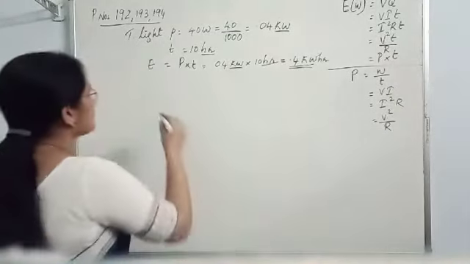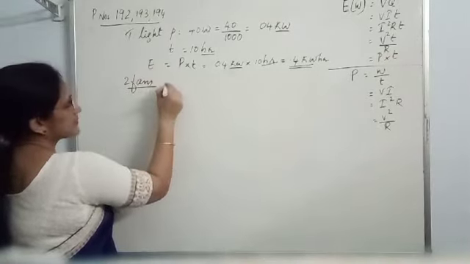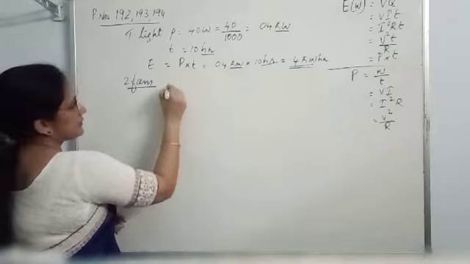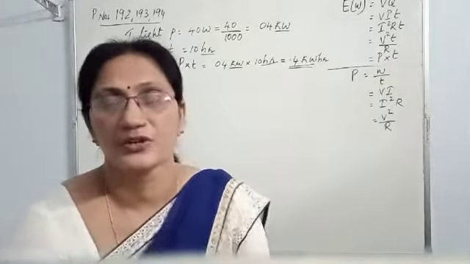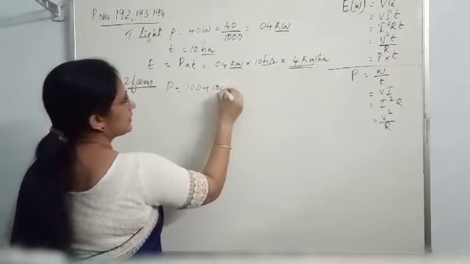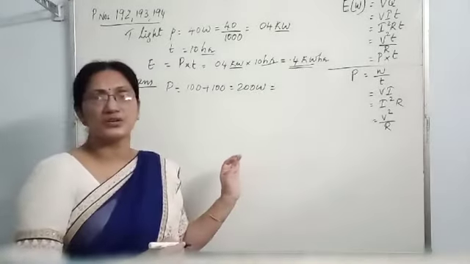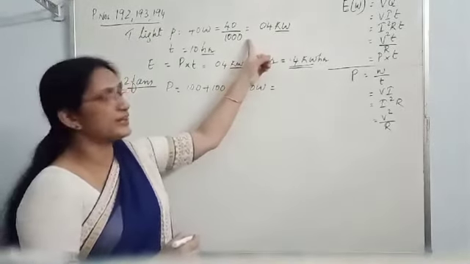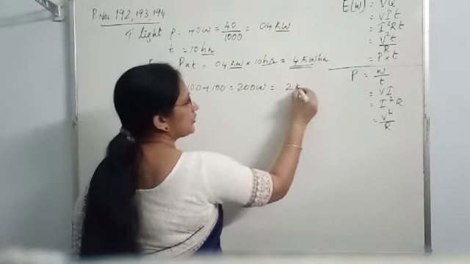Similarly, let us calculate for the fans. Two fans are there. One fan is of power 100 watt. So 2 fans means 100 plus 100, 200 watt. This also you have to convert into kilowatt as you did earlier, divide with 1000. Then you will get 0.2 kilowatt.